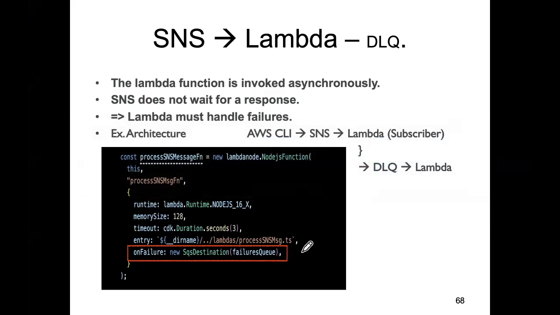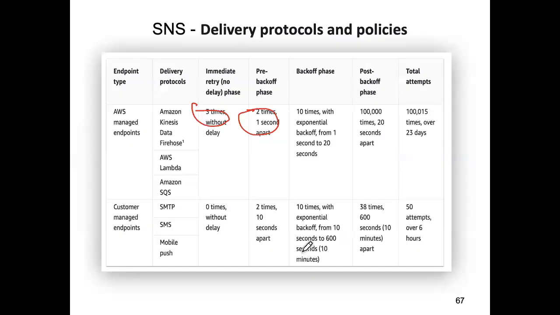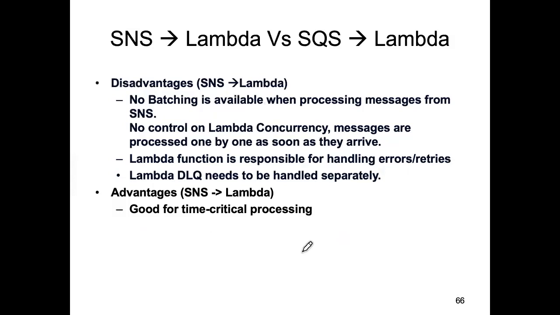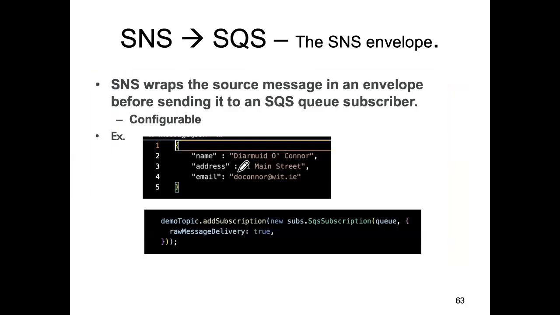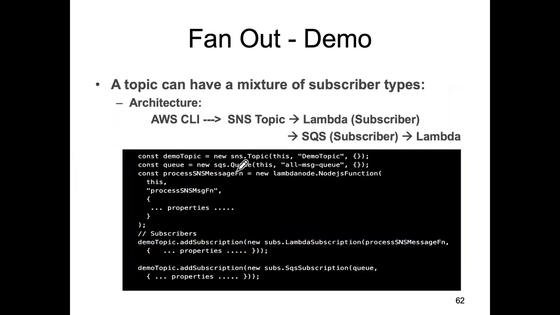So what I should have seen happening is, when I looked at the log of, let's see, where's my architecture? This is my architecture. When I looked at the log of this Lambda here, because it was throwing an exception, that should have caused SNS to retry sending the message.